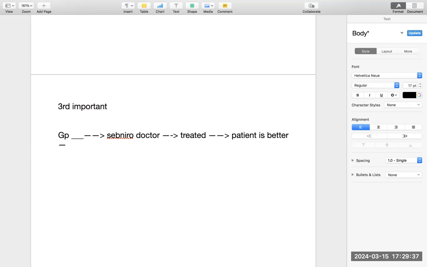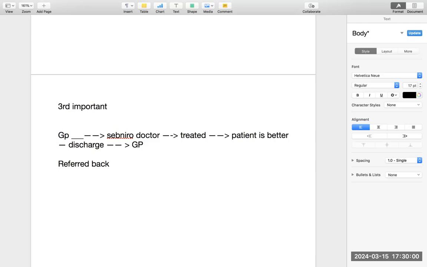He will discharge the patient, hospitalization, then after hospitalization, discharge. Now after discharge, who will provide the follow-up care? The same GP. Referred back means the story started with the GP, the senior doctor treated, the patient got better, then was discharged, again coming back to the GP. That is why we call it referred back, because it started with the GP and it came back to the GP.